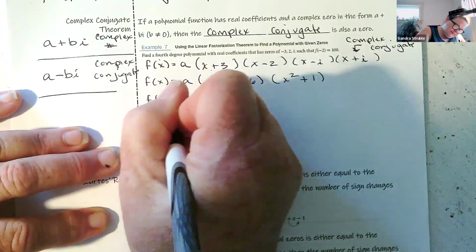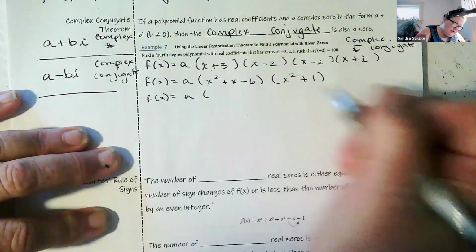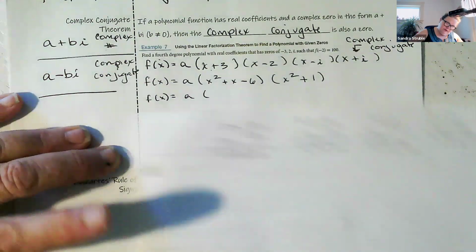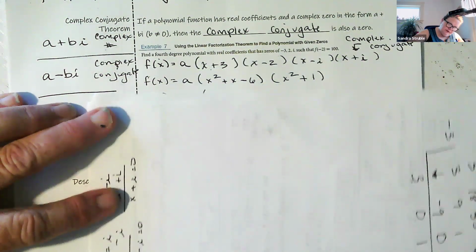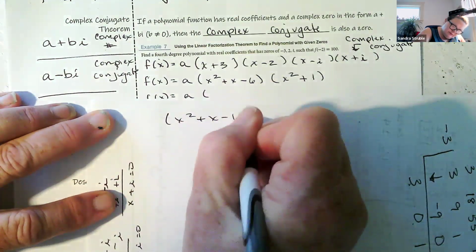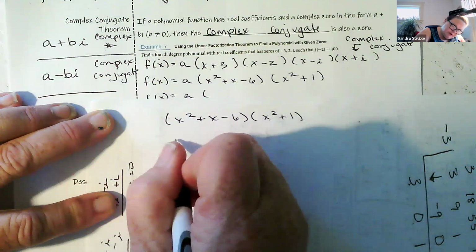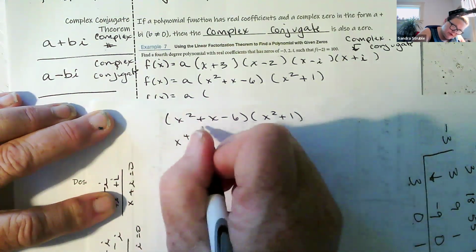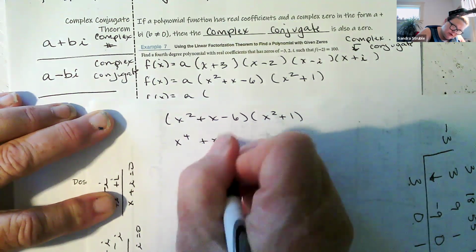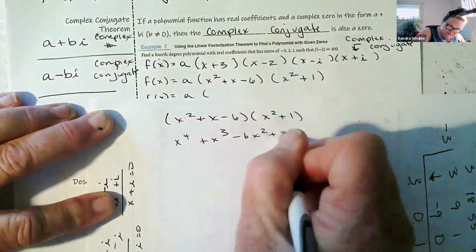Bring this down. And I need to multiply these two. I need space. So x squared times all this, x to the fourth, x cubed, 6x squared, and then 1 times all of it.